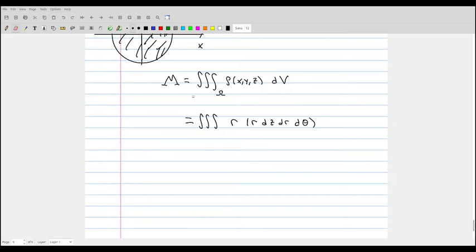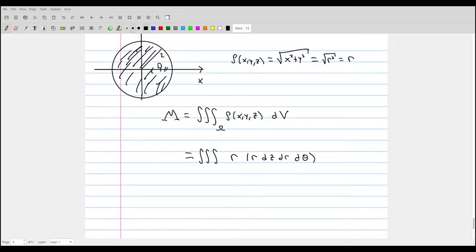And we can directly go through and compute our bounds as well. Theta is going around this circle D, so it's going from 0 to 2 pi. R, the radius in this region, is going from 0 to 2. And Z is the only real complicated bound.